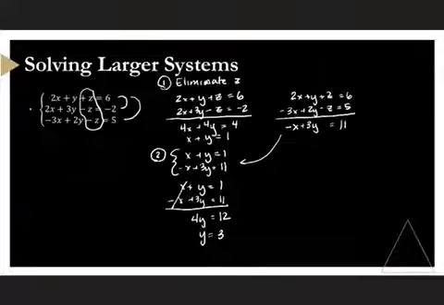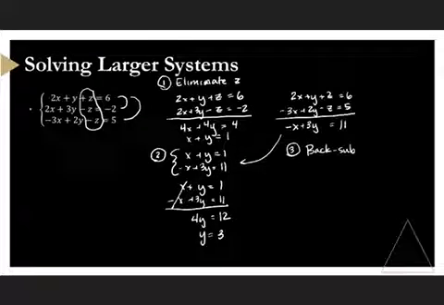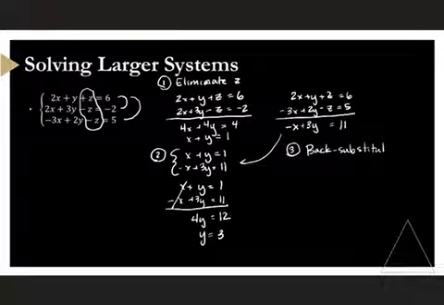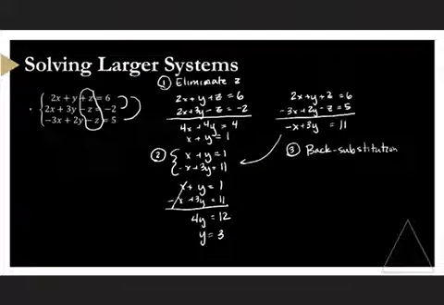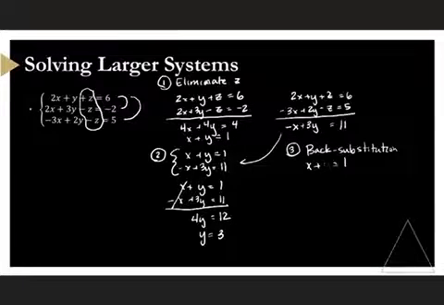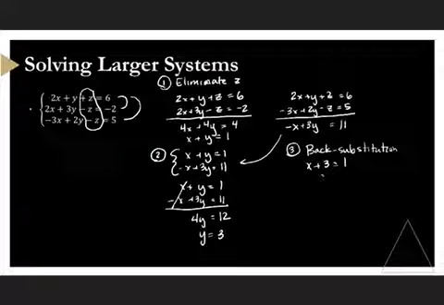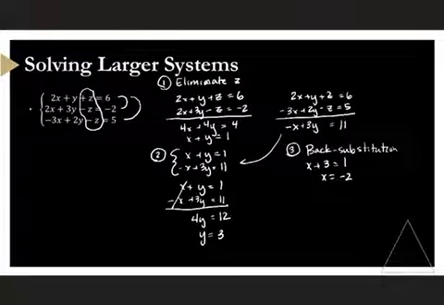Okay. Once I know what y is, we're going to start doing what's called back substitution or back subbing. So if y is 3 and x plus y is 1, then x plus 3 is 1, which means that x is negative 2.